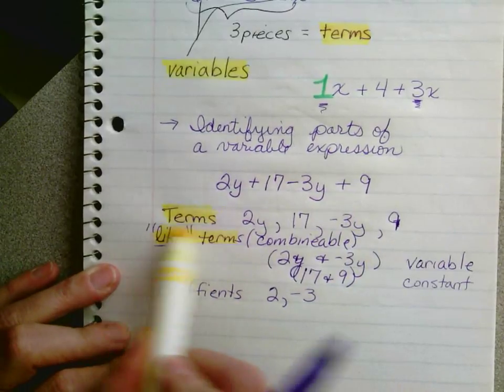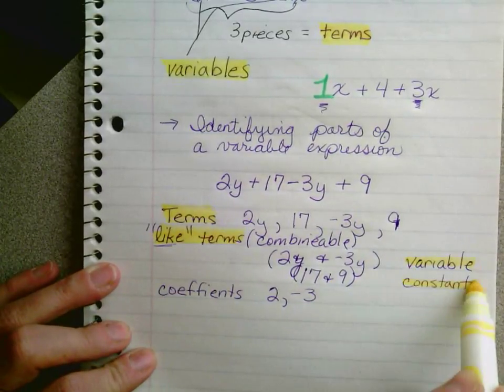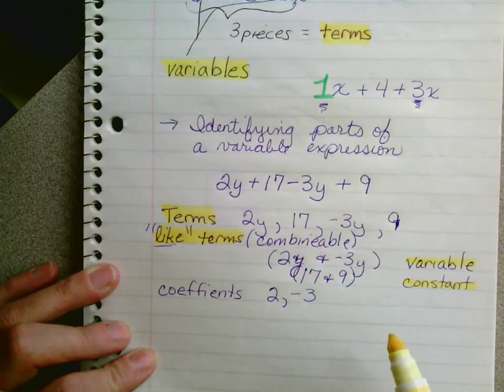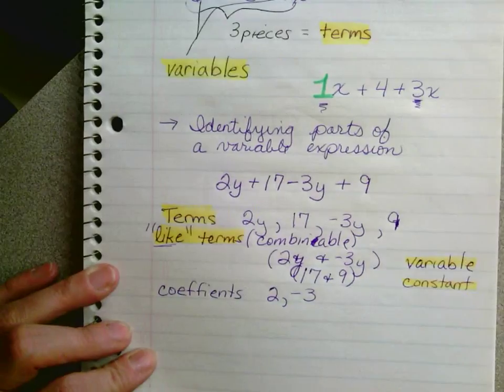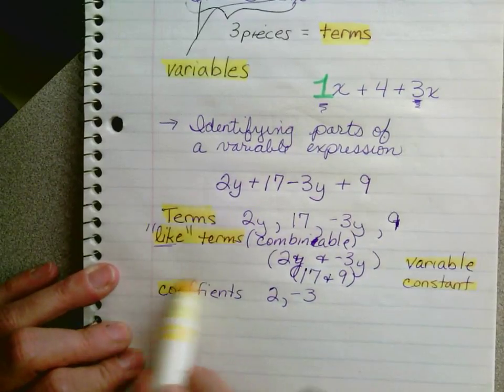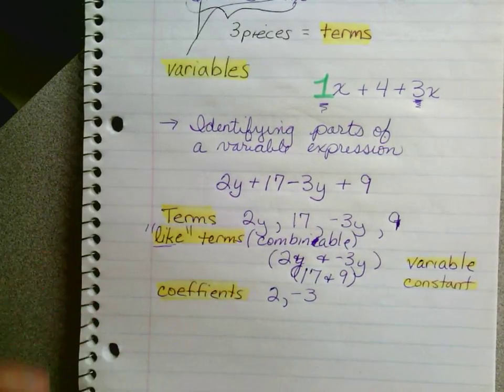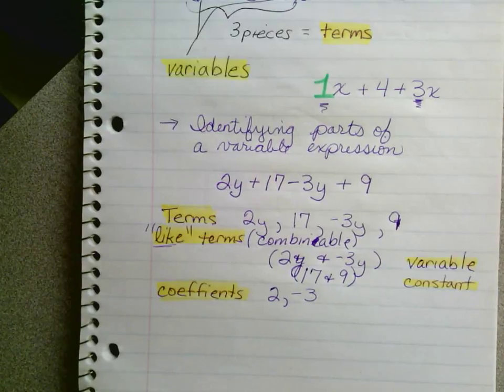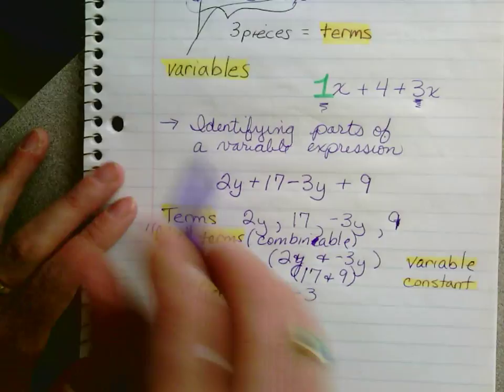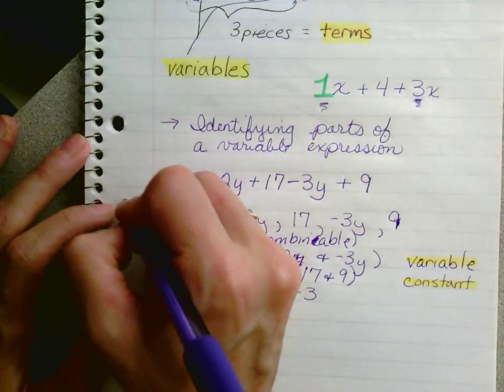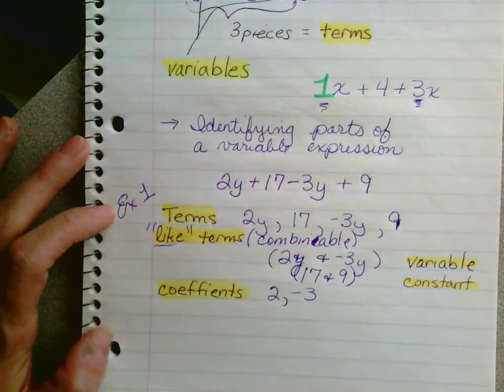If I ask you for like terms, you sort them together by ones they can combine with. And the coefficients are the numbers that precede the variables. That is going to be part of your homework for today. Now, this is example 1.